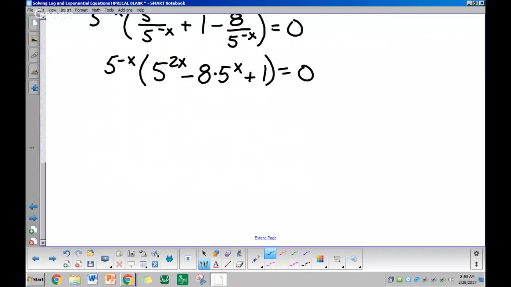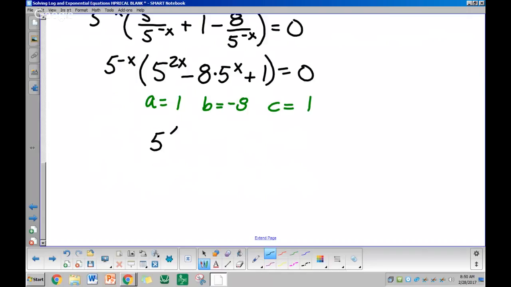Is this quadratic in nature now? What's A here? It is 1. B, negative 8. C, 1. So what am I going to say? What's my x here? It's going to be 5 to the x, isn't it?